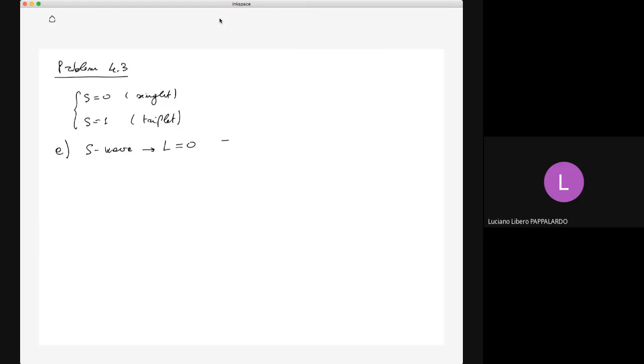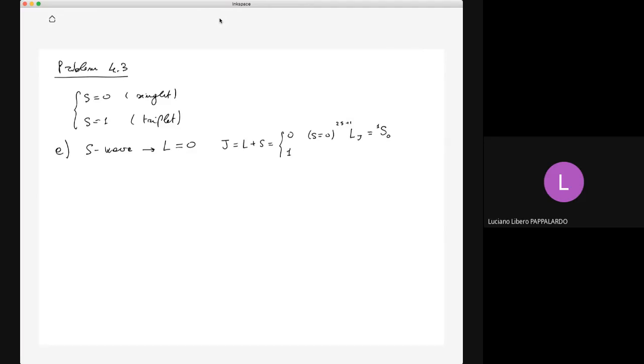So we can calculate the total angular momentum, which is L plus S. And here we have two possibilities. J is 0 if the spin is 0, and in this case the spectroscopic notation, 2s plus 1, will be S 0 1.